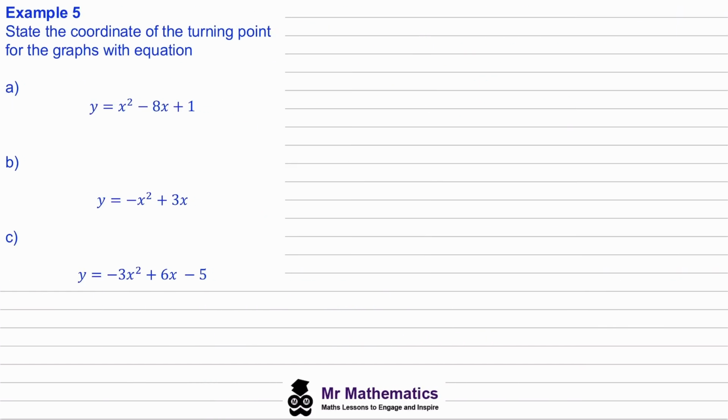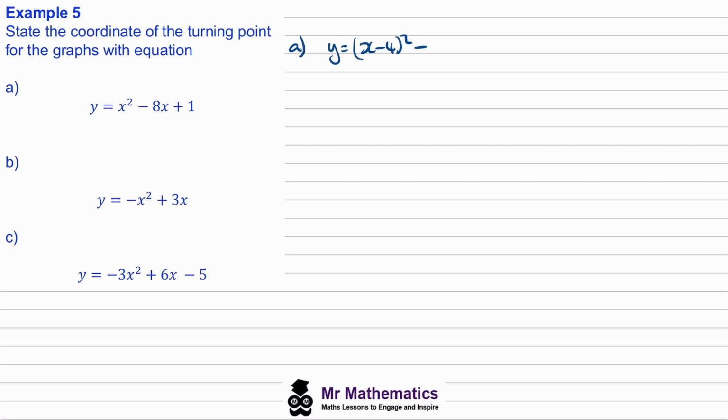In example 5, we're asked to state the coordinates of a turning point for each of these equations. We don't need to sketch the graphs. So if I work through example A, you can try questions B and C. To find the turning point, we need to write each of these in completed the square form. So y will equal x minus 4 squared.